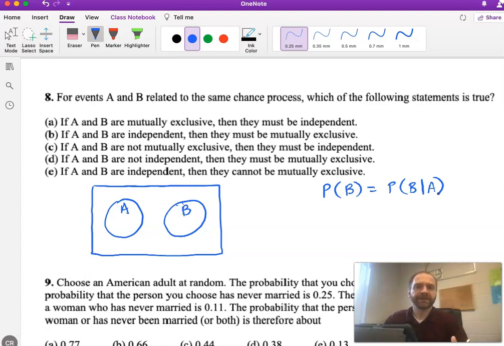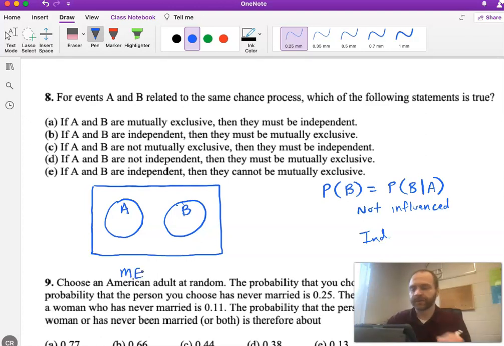So the probability of B given A is still going to equal the probability of B. B is not influenced. It's not affected by event A. That probability is consistent no matter what. And so to the right is independence. To the left is mutually exclusive.